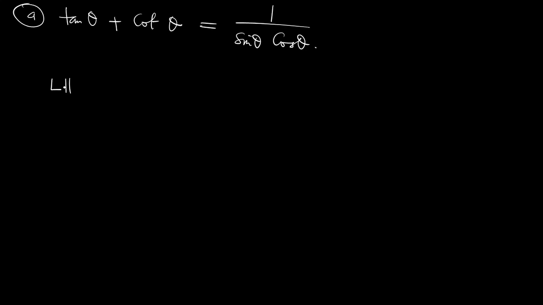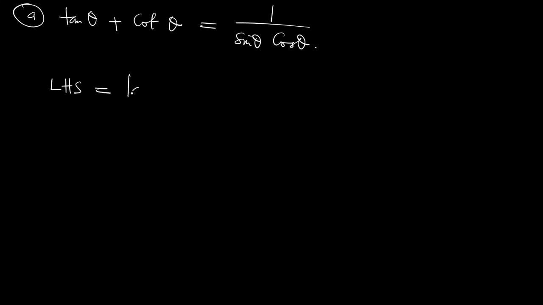The first one: tan theta plus cot theta is equal to 1 all over sin theta cos theta. Now let's take the left hand side of the equation.